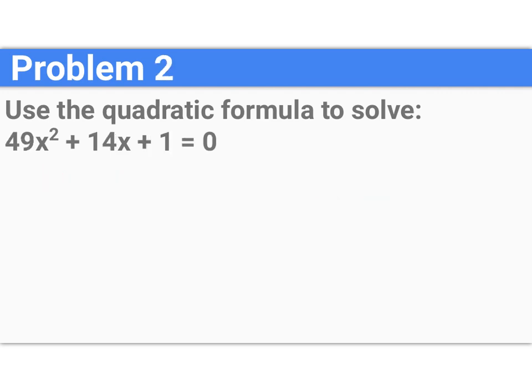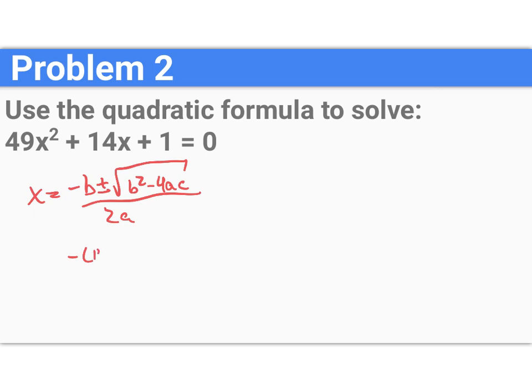Okay, so let's go right into problem 2. So x equals negative b plus or minus the square root of b squared minus 4ac all over 2a.